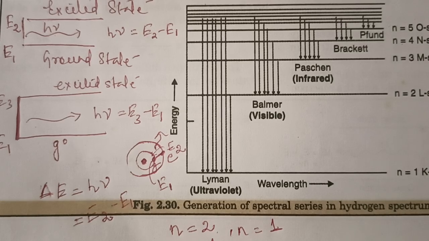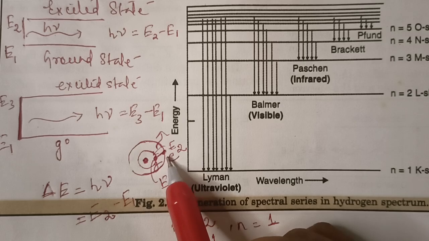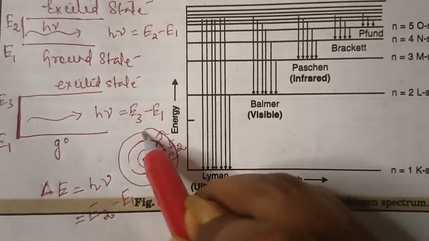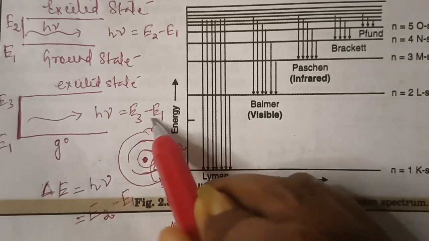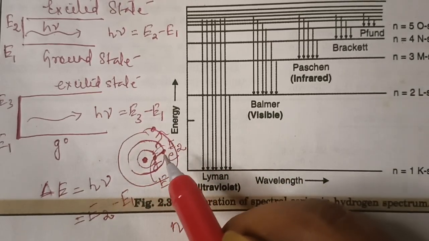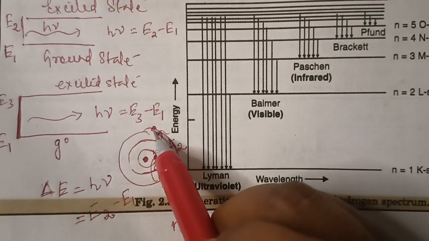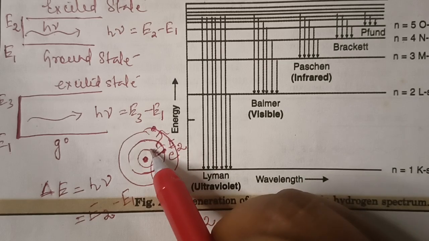Similarly, the electron will not only jump to the next energy level, it can also jump to a third energy level, then again the fourth level. Like that it will get excited and the electron will jump. Thus the different spectral lines in the spectrum of atoms correspond to different transitions of electrons from higher energy levels to lower energy levels, because from a higher energy level the electrons will try to get back to a lower energy level.